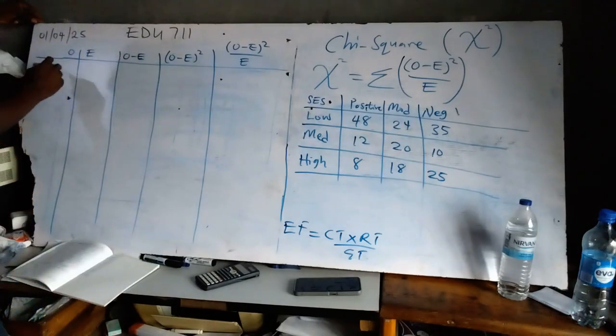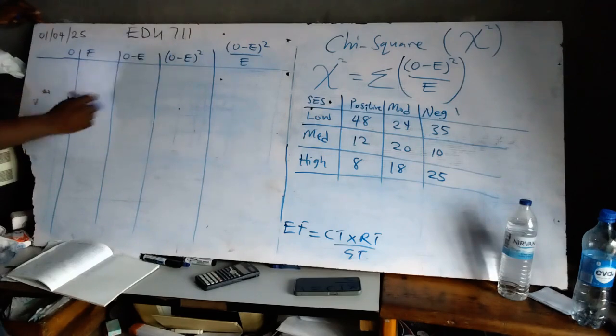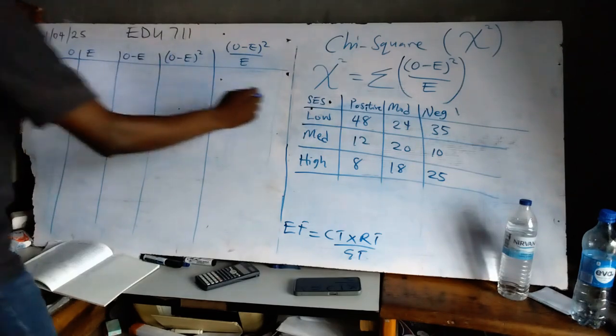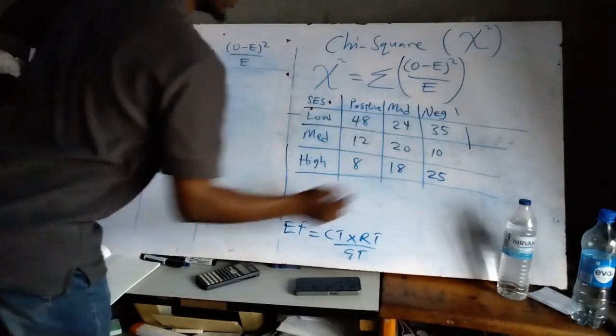So let's take based on row. This is row, while this is column.